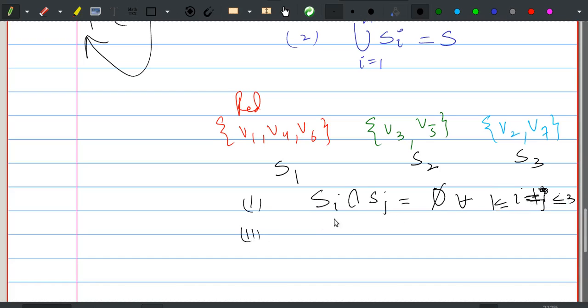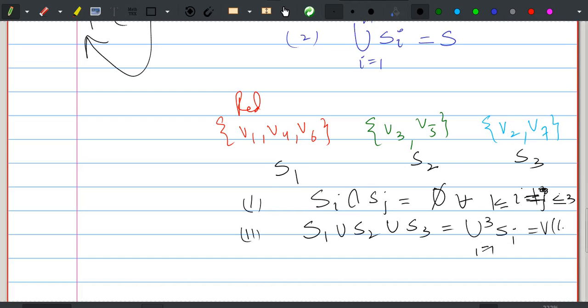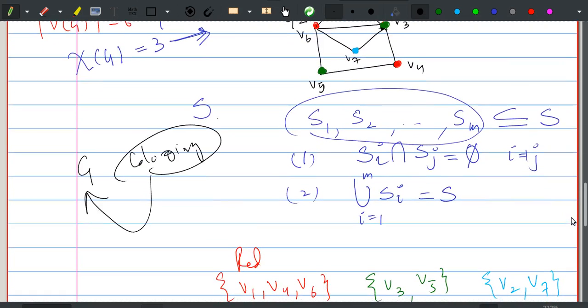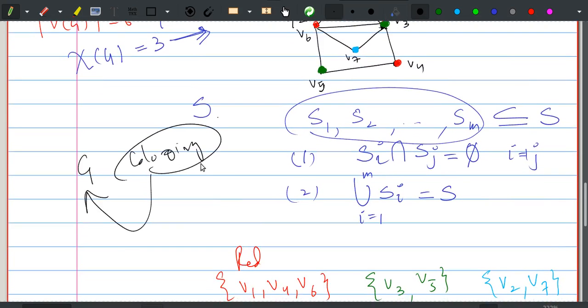And next, if I take the union S1 union S2 union S3, which is the same as the union of Si for i from 1 to 3, it is actually V of G. So these Si's form a partition of the vertex set V of G. Whenever we are given a coloring, that coloring induces a partition on the vertex set.